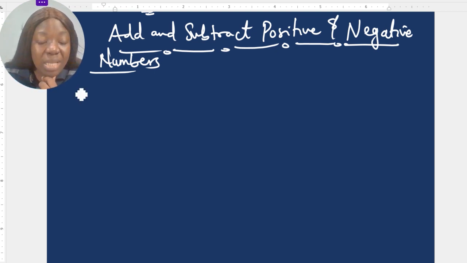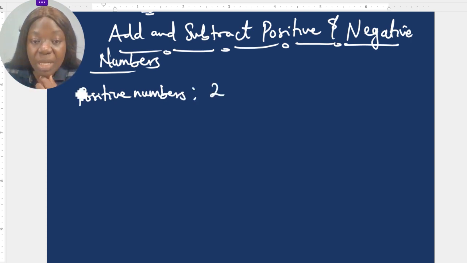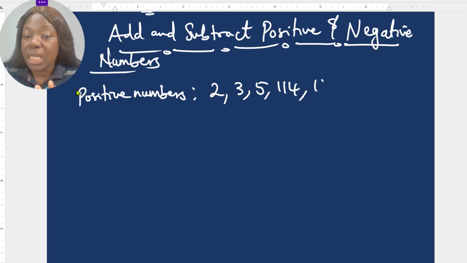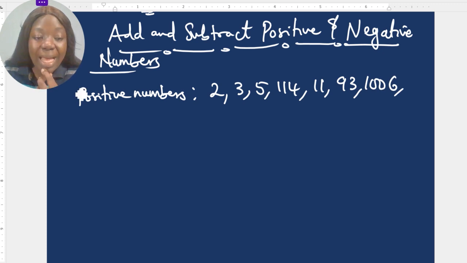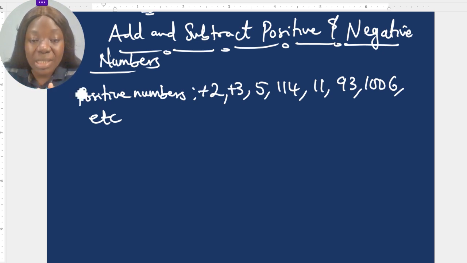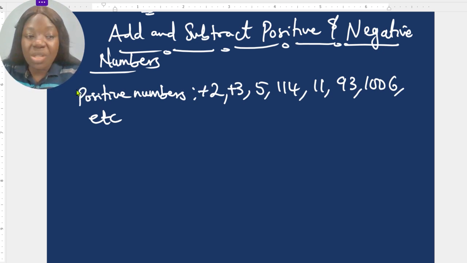Positive numbers are numbers that have the plus sign. Now look at my screen. These are examples of positive numbers: 2, 3, 5, 114, 11, 93, 1006, etc. Any number that carries the plus sign, or does not have any sign, is a positive number.